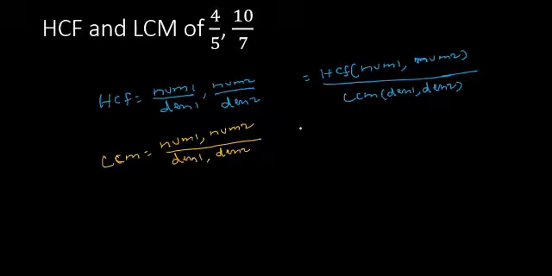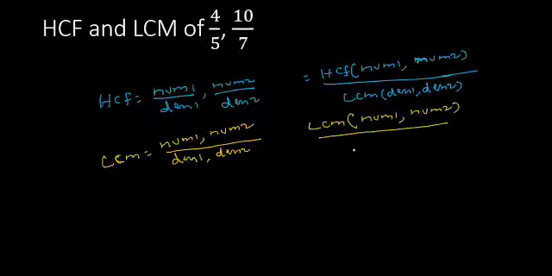Then the final answer is the LCM of numerator 1 and numerator 2 divided by the HCF of denominator 1 and denominator 2. So that's that. For HCF, it is the HCF of the numerators divided by the LCM of the denominators. For LCM, it is the LCM of the numerators divided by the HCF of the denominators.